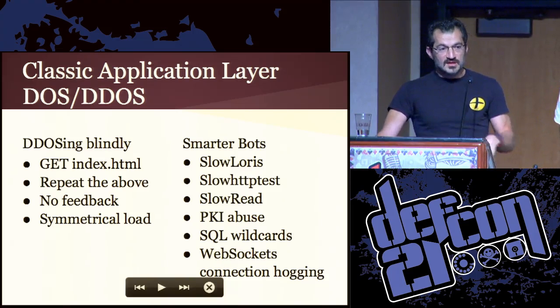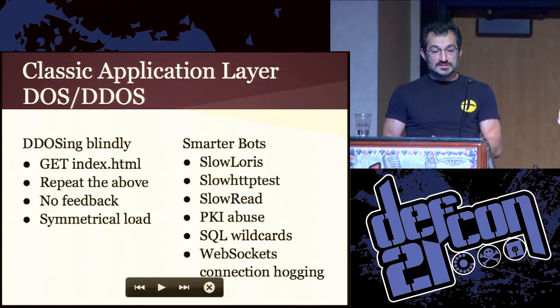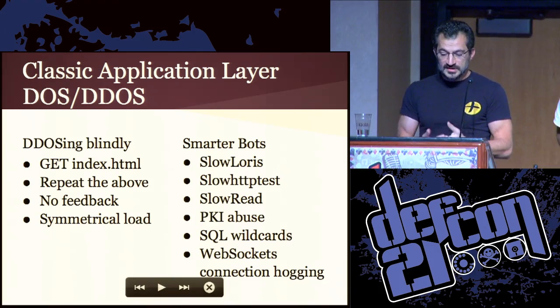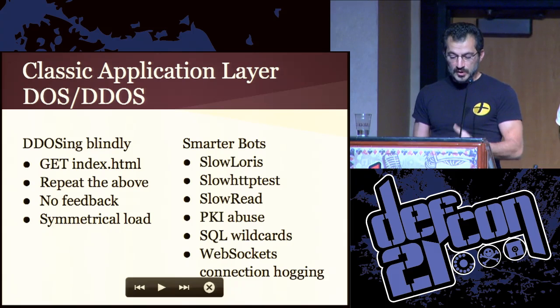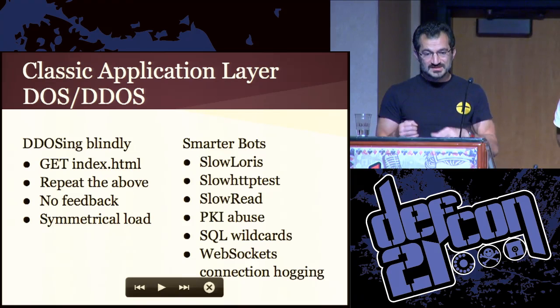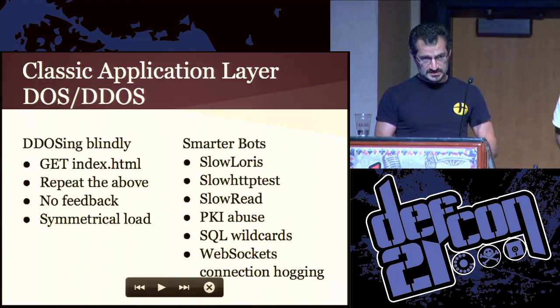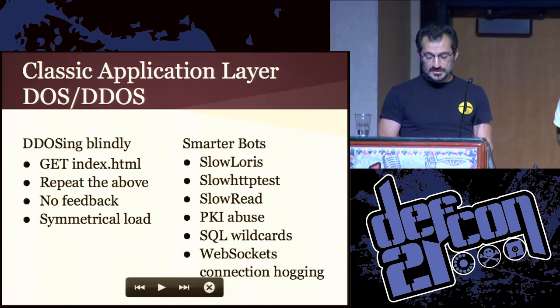But that sometimes doesn't have feedback, and the load is near symmetrical. Smarter tools, like Slowloris, SlowHTTPTest, PKI abuse, and whatnot, are asymmetrical in nature. Our proposed method is striving to be asymmetrical.